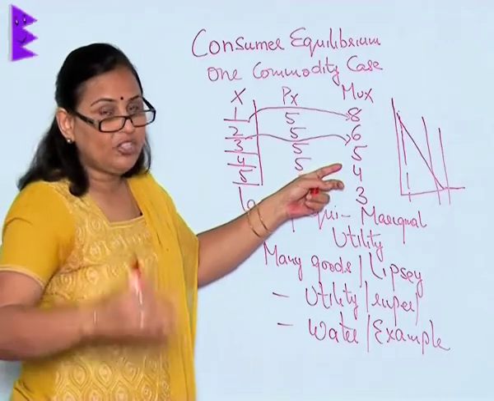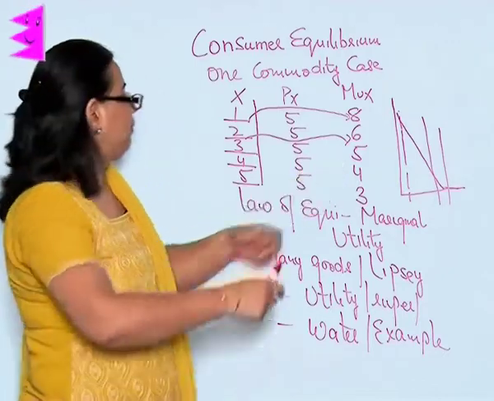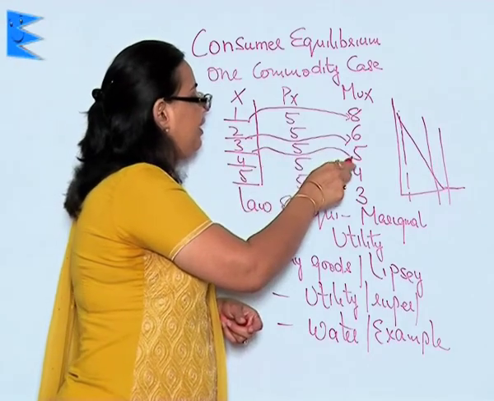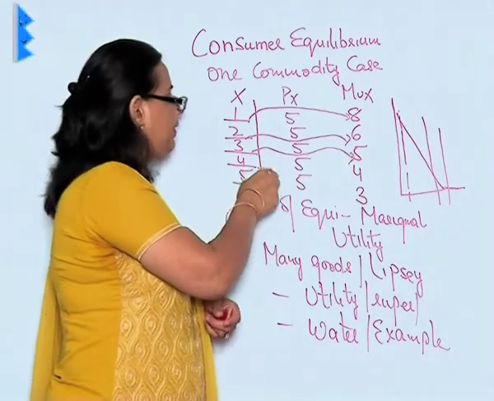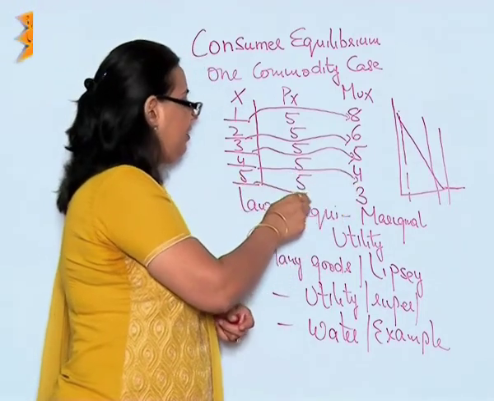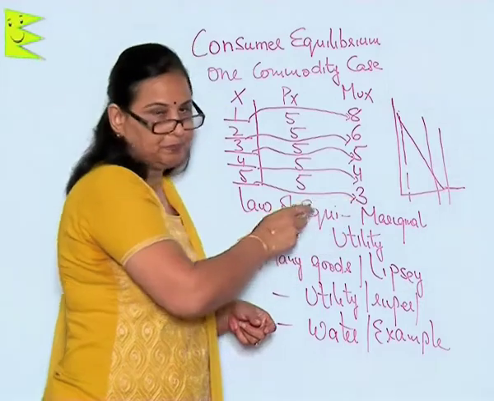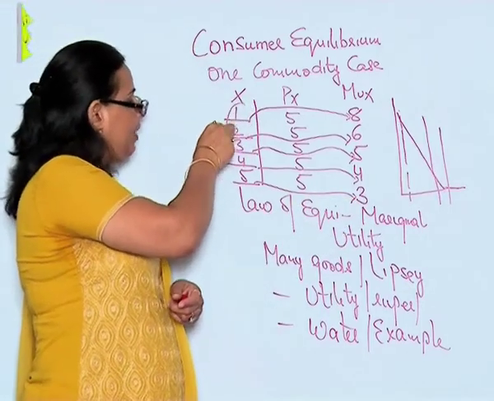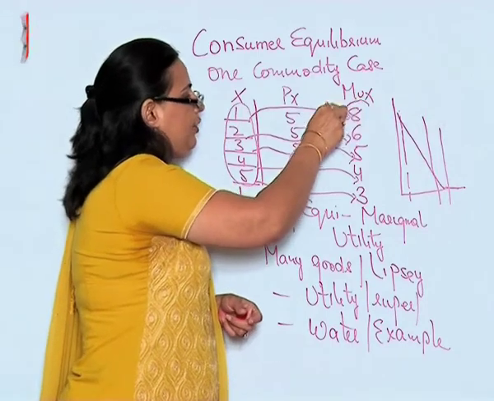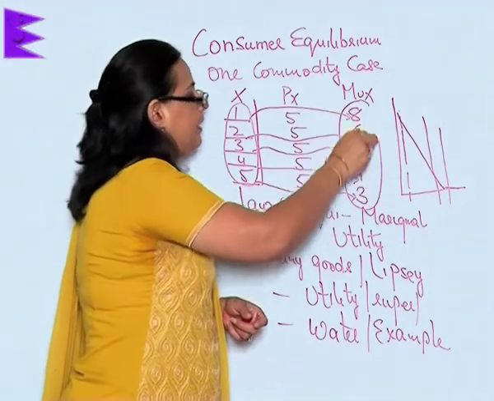The satisfaction level starts coming down. When the units consumed are 3, it reaches 5. When it is 4, it is 4. And when it is 5, it goes down to 3. As the number of units consumed are increasing, the marginal utility is decreasing.